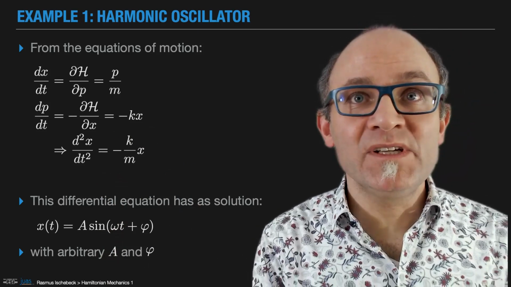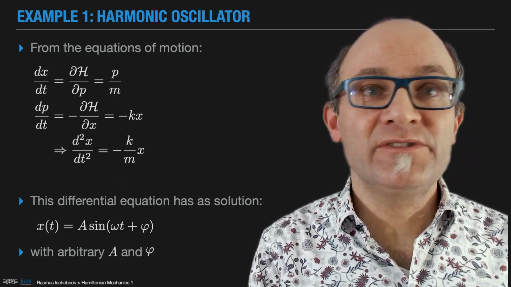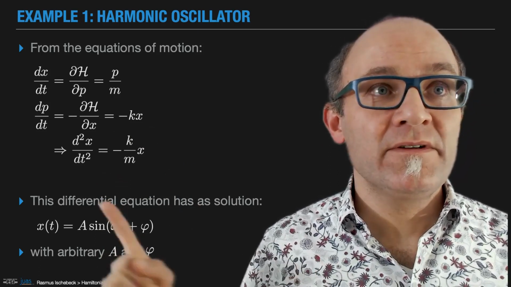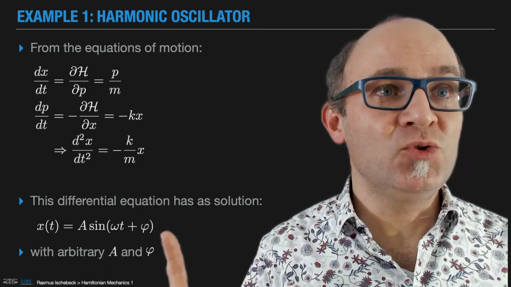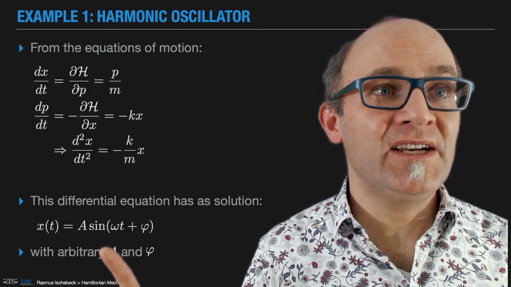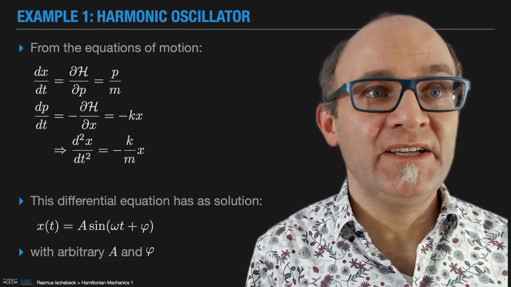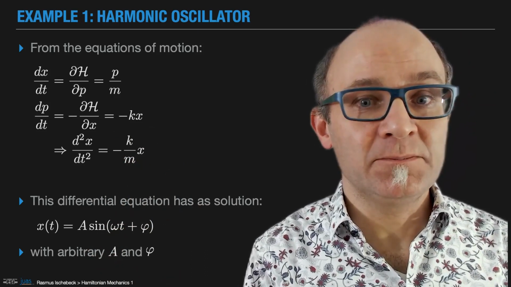Now, this is the same solution that we find from Newton's mechanics, and that is good because we describe the same system. This second-order differential equation has a solution: x of t is given by A times sine of omega t plus phi, for arbitrary amplitude A and phase phi.